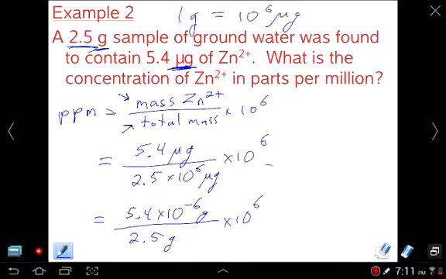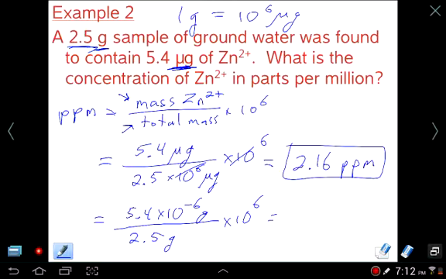So in both these cases, this is actually a pretty simple example. The 10 to the 6th, if you do this correctly, will actually cancel out both on top and the bottom, and you just end up dividing 5.4 by 2.5. And you get yourself, in both cases, 2.16 parts per million.